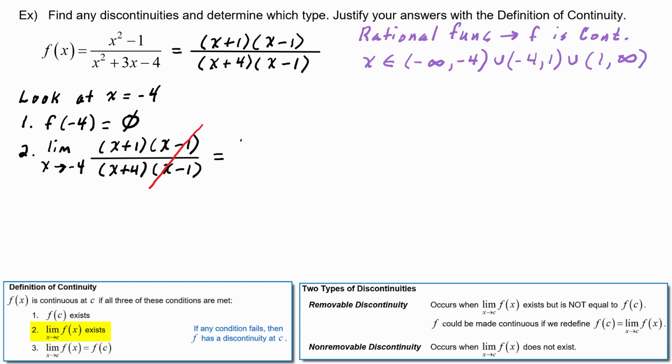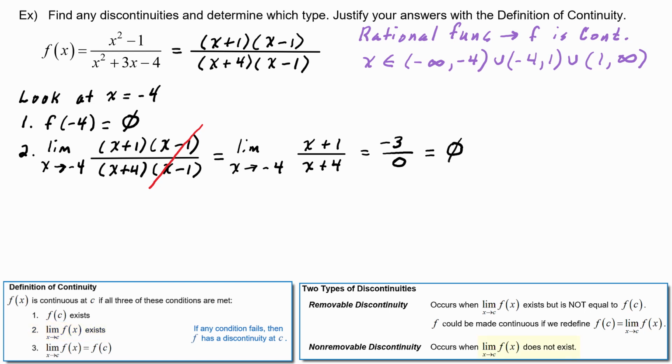So this becomes the limit as x approaches -4 of x plus 1 over x plus 4. Now we try direct substitution. If we put -4 into the numerator, we get -3. And if we put -4 into the denominator, we get 0, and this does not exist. Or we can write undefined.